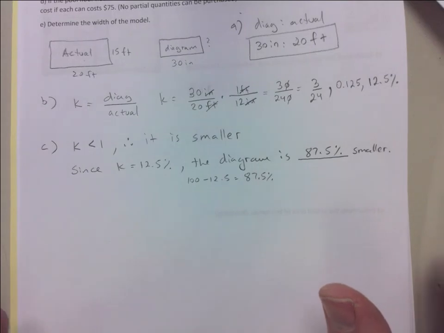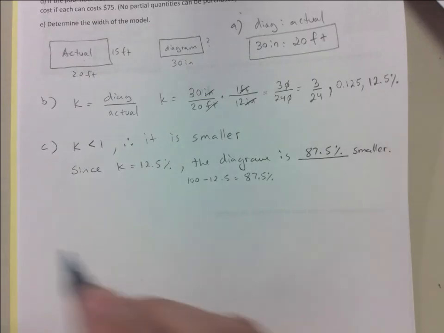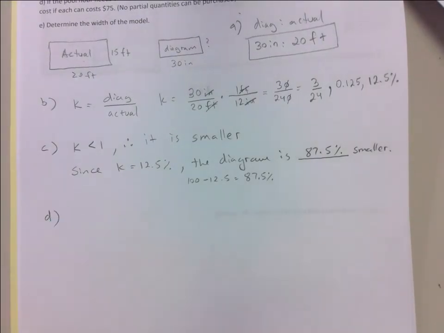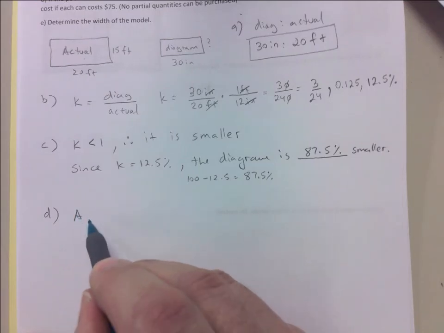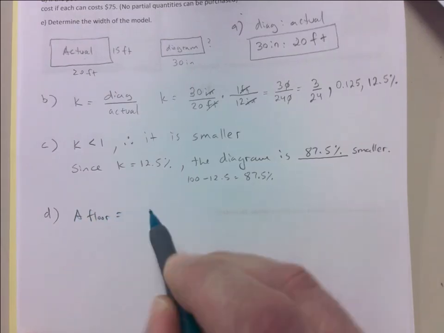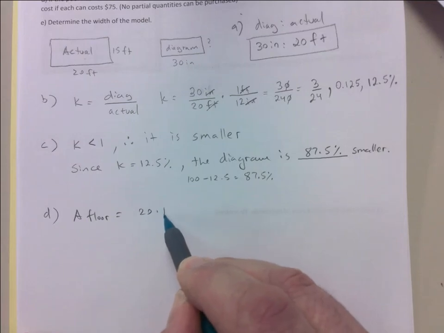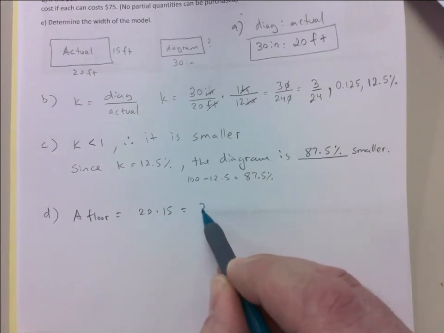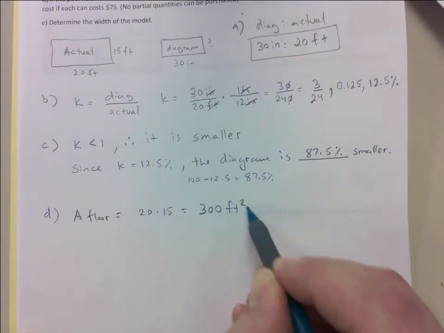And if the pool floor needs to be covered with a liner, which comes in cans that cover 115 square feet, calculate the total cost if each can is $75. This takes you back to Reynolds, hopefully. So for D, I need the area of the floor to begin with. And we do have the dimensions. It's 20 times 15, right? So that's 300 square feet.